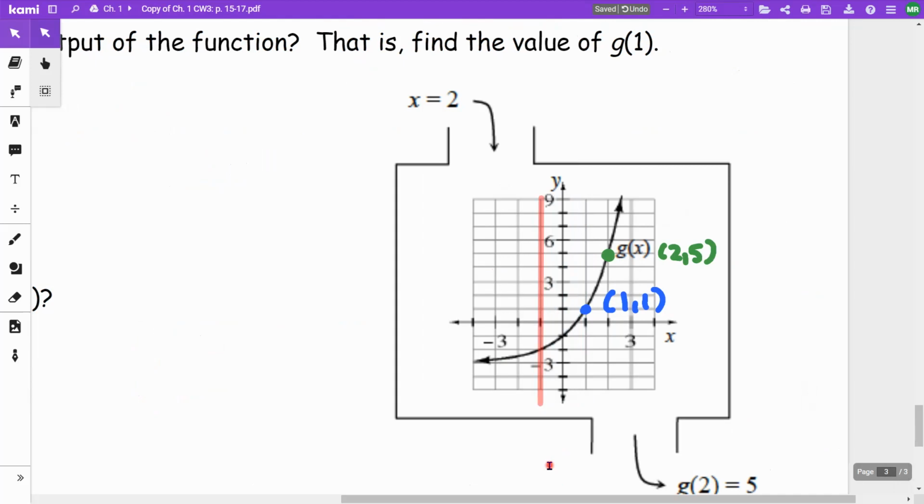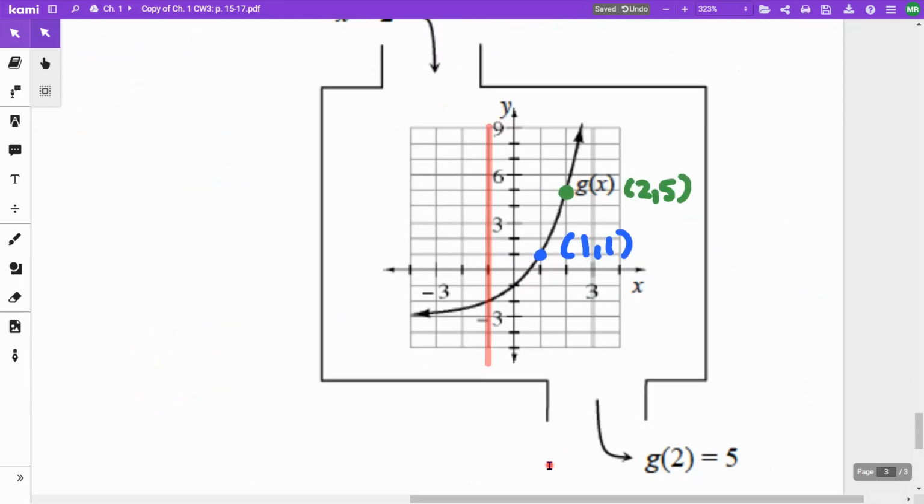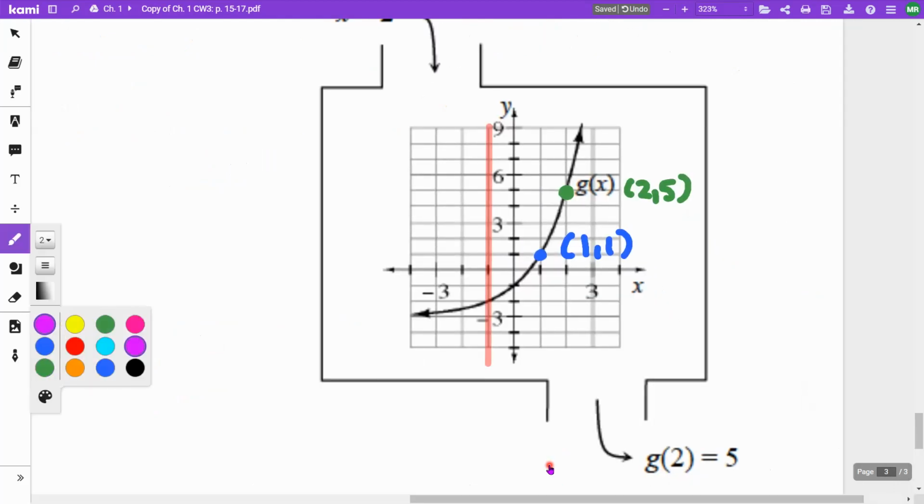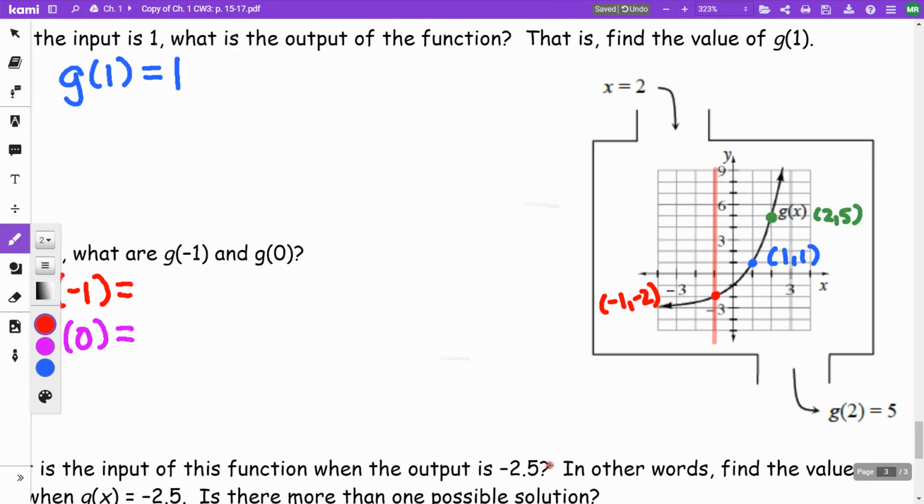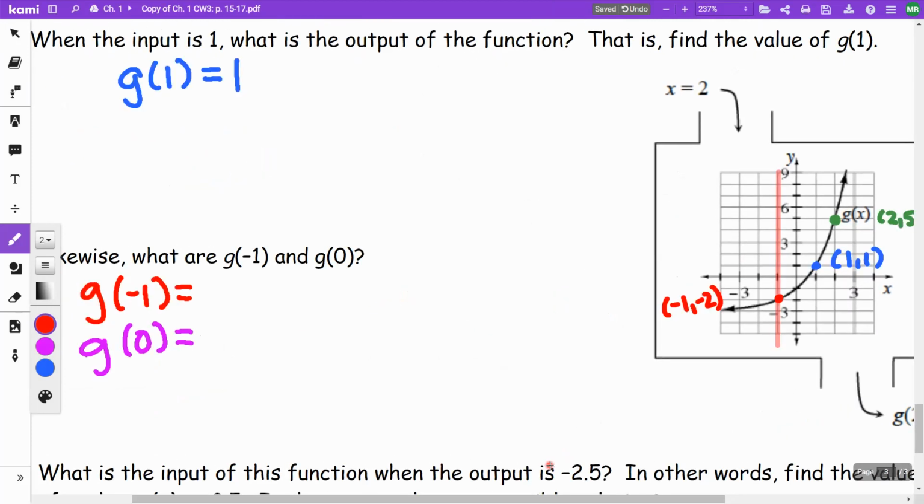This is x being a -1, and you see that I hit right here. And that's going to be -1, -2. I'm going to write to the side, -1, comma, -2. So my g of -1 is -2.